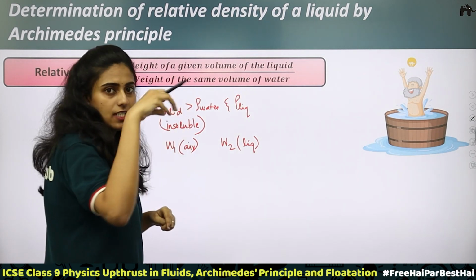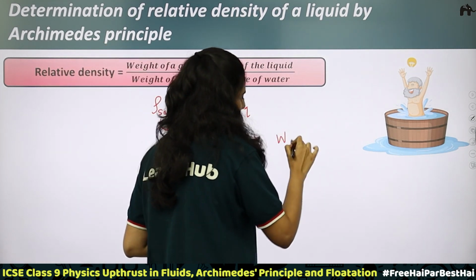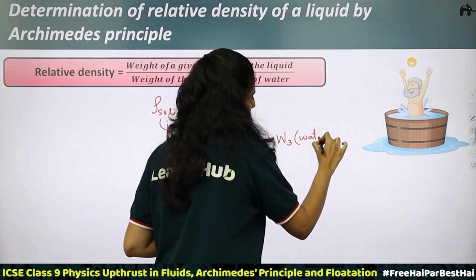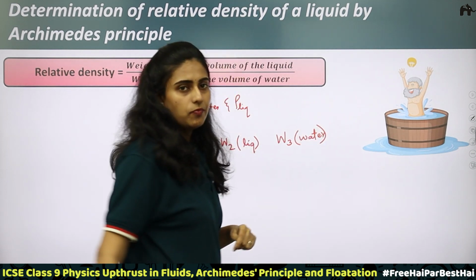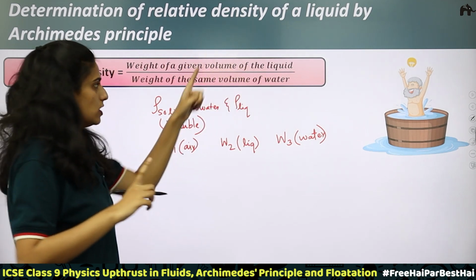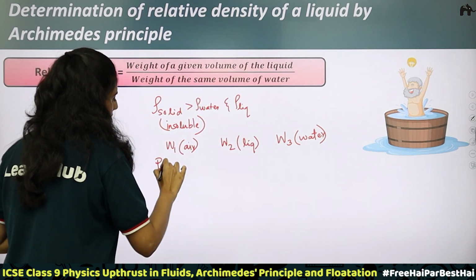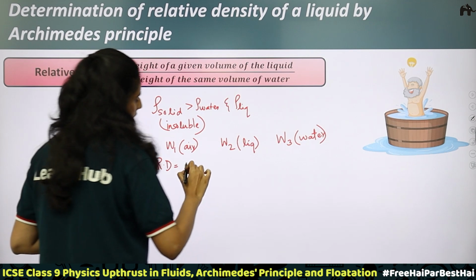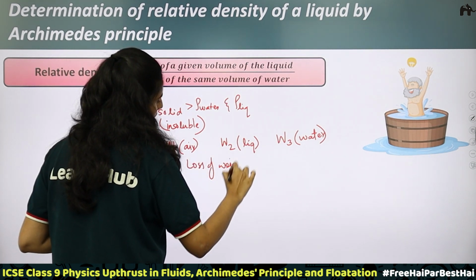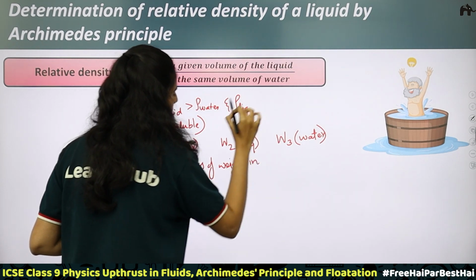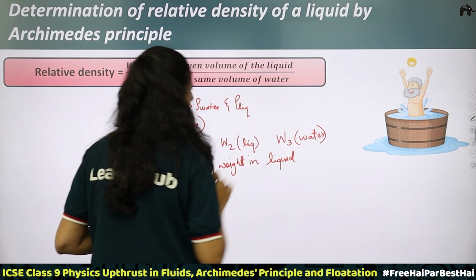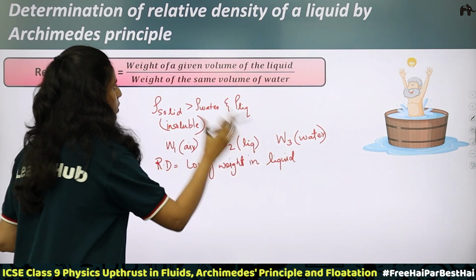After that, dip it inside water and find the weight in water, which is W3. Now we have relative density is equal to weight of a given volume of the liquid divided by weight of the same volume of water.